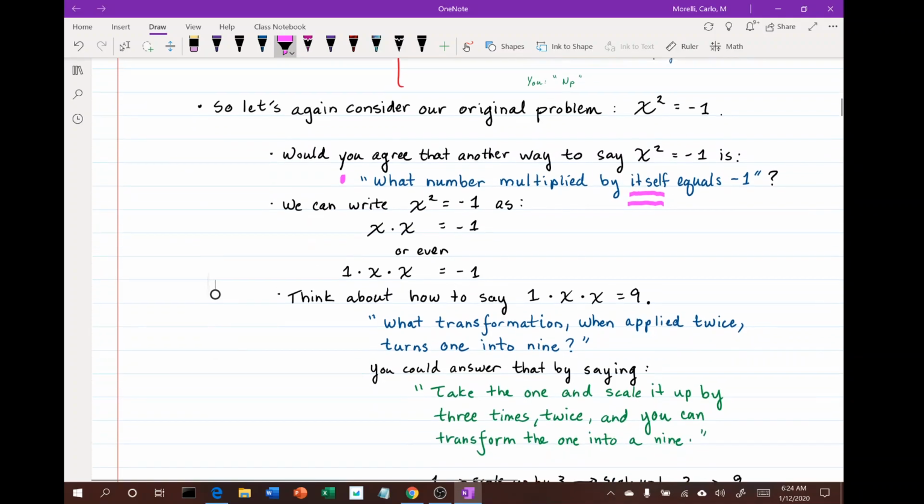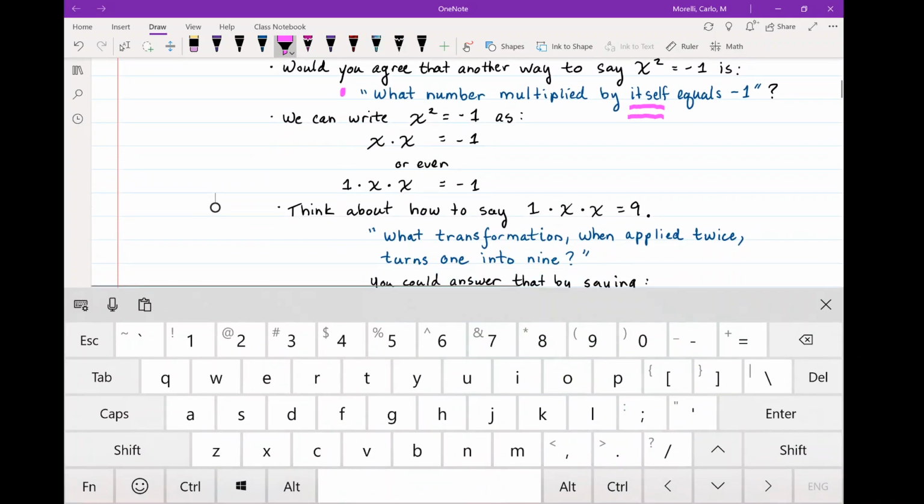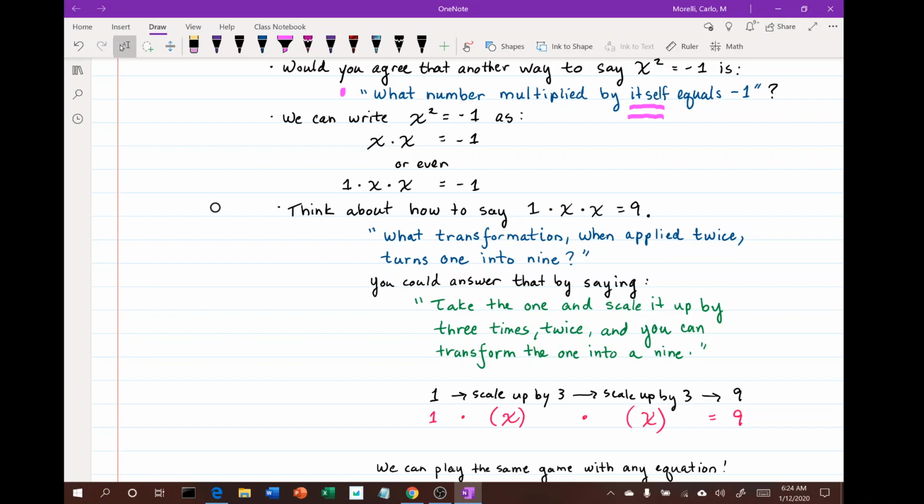So let's think about a way to say 1 times x times x equals 9. The question here is, what transformation, when applied twice, because there's 2 x's, turns 1 into 9? Okay, this is like turning straw into gold. How do we turn 1 into 9?